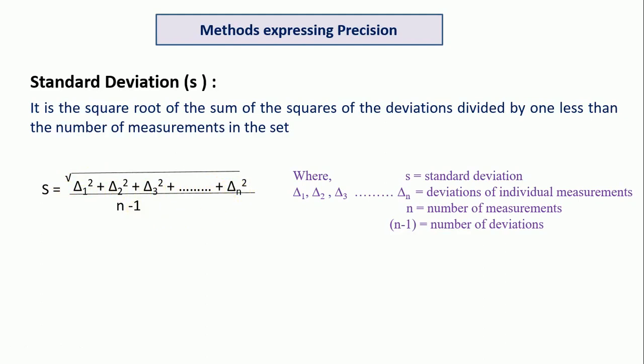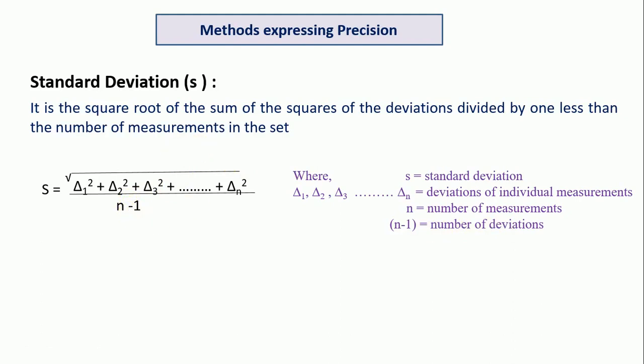S means standard deviation, and delta 1, delta 2, delta 3 up to delta n are the deviations of individual measurements. n is the number of measurements, and n minus 1 is the number of measurements less 1.